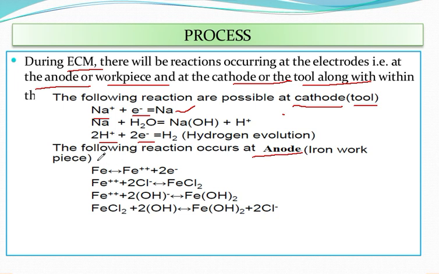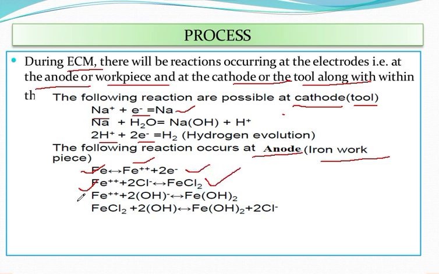And the following reactions occur at the anode, that is the iron workpiece. Fe gives Fe++ and 2e-. And when this Fe++ gets combined with 2Cl-, it gives you FeCl2.